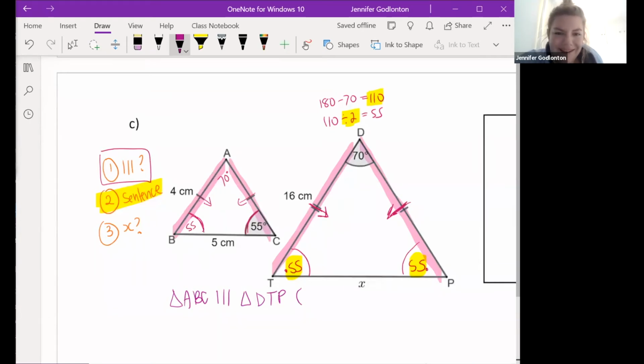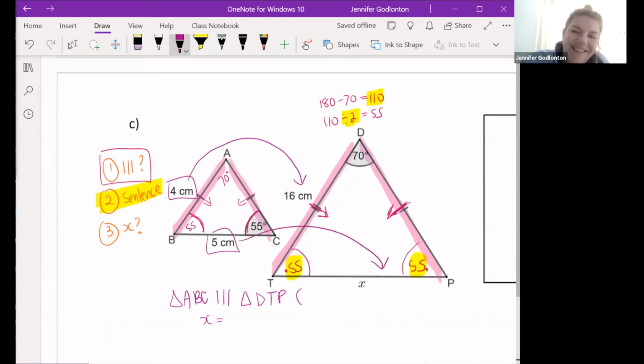Sure. Then our X is going to be 20. Good. Can you explain why? Yes, ma'am, because 4 times 4 is 16, and so 5 times 4 is also 20. And then my reason for all of this, ma'am, is side, side, side.